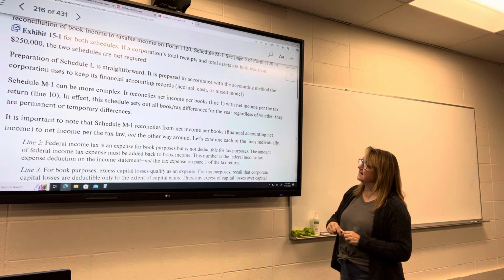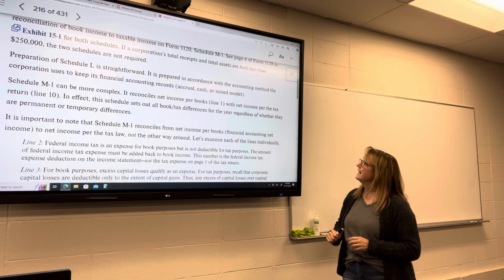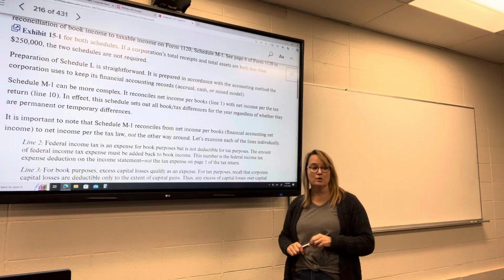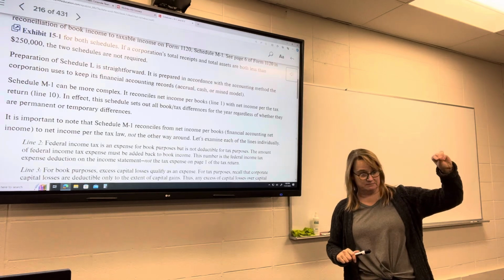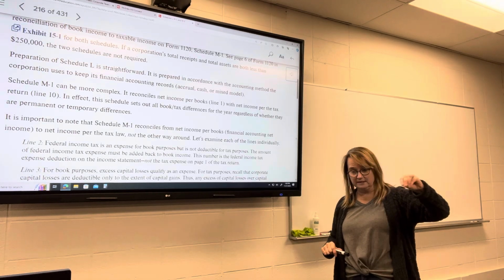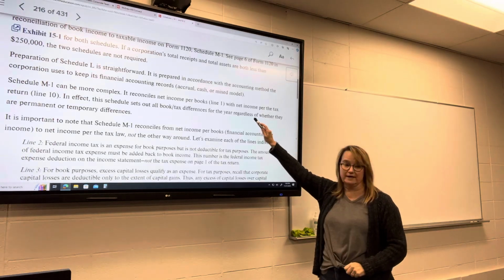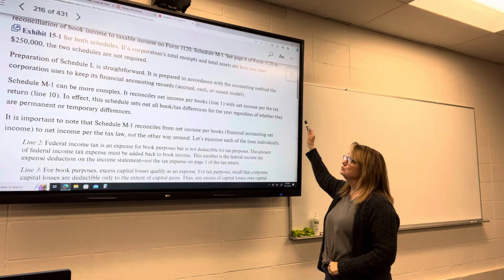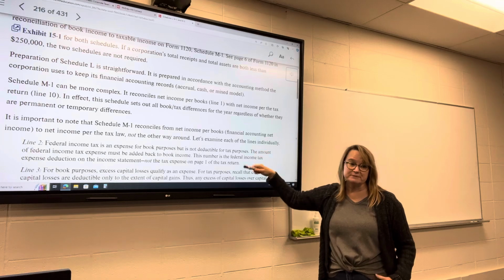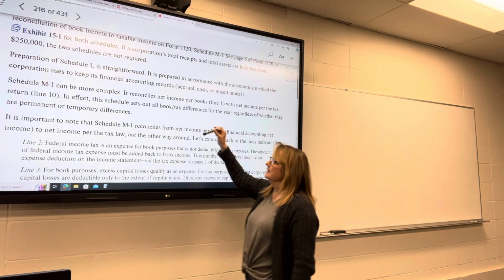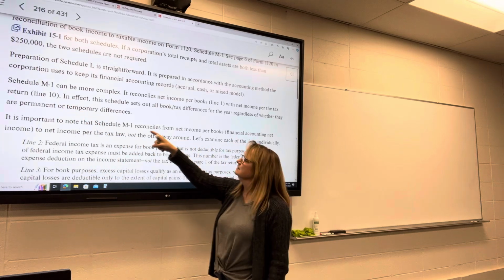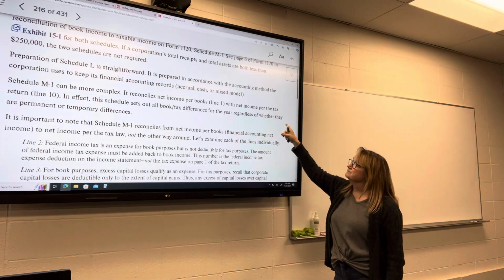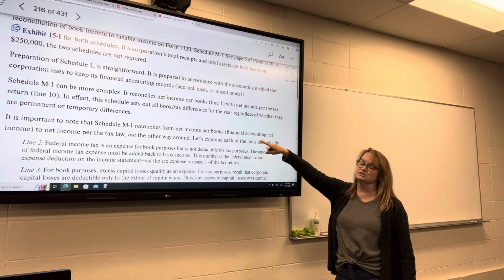So it reconciles the net income per books with the net income per the tax return. You're taking whatever's on your financial accounting income statement, the bottom line number, the net income, that goes on line 1 of the M1, and you are making adjustments to that number to get to the amount on line 10 of, well, actually line 10 is on the tax return.